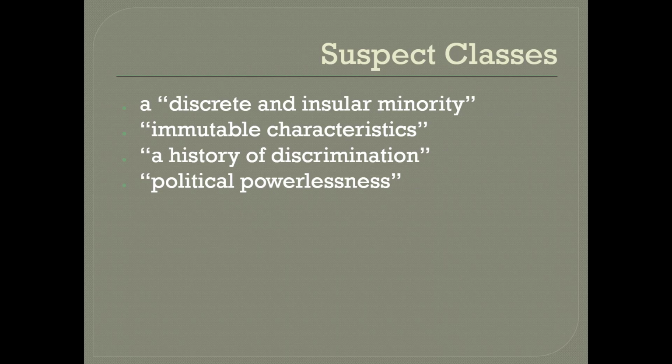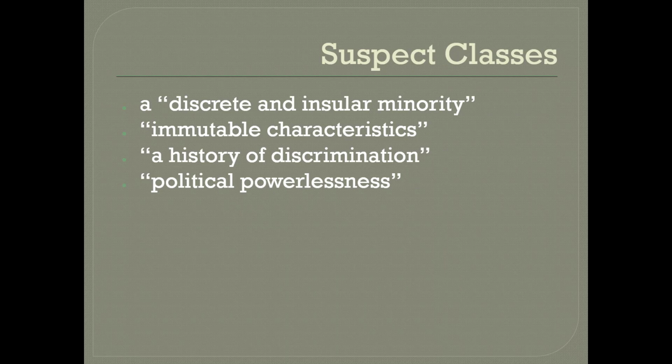This kind of makes sense because if a group had a lot of political power, then one would assume that the laws are designed to favor them. Those that are politically powerless are obviously more likely to be the victim of laws, and as a result, they're more likely to be a suspect class.